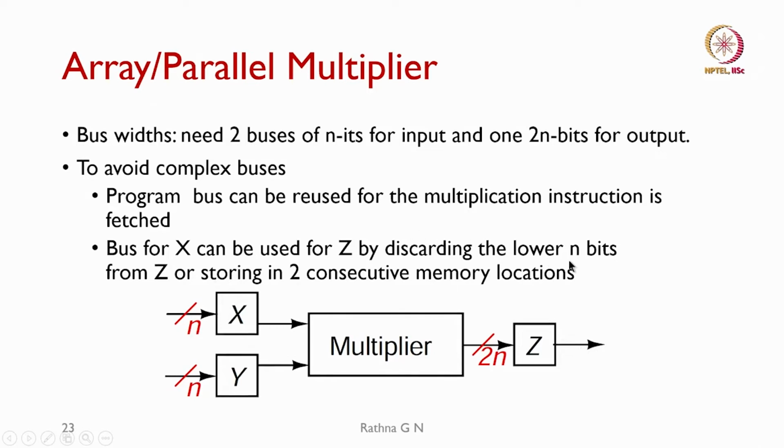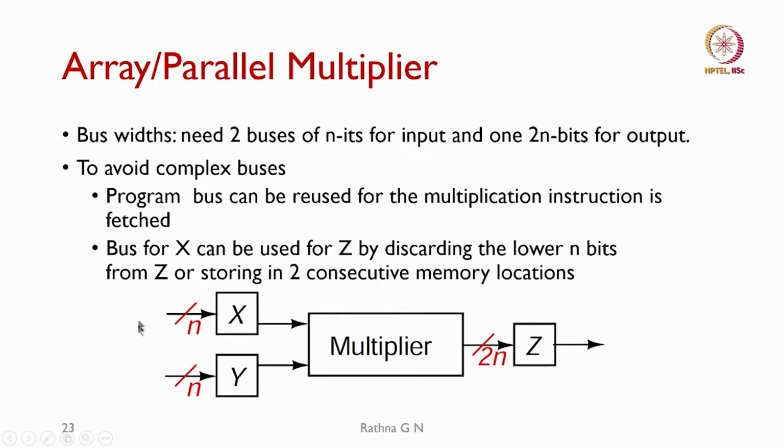That means discarding the lower n bits from z, or storing in 2 consecutive memory locations. If we want to store a 2n bit output in memory, it is going to take twice the memory requirement. And for computation loading, when we have to load 2n bits, I won't be able to load them in one shot.